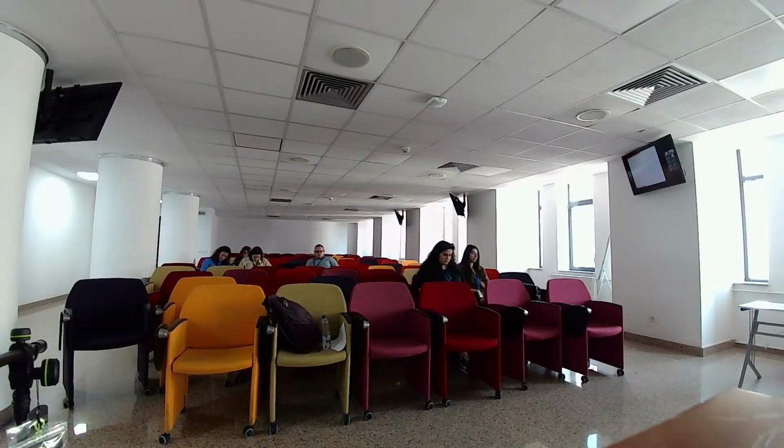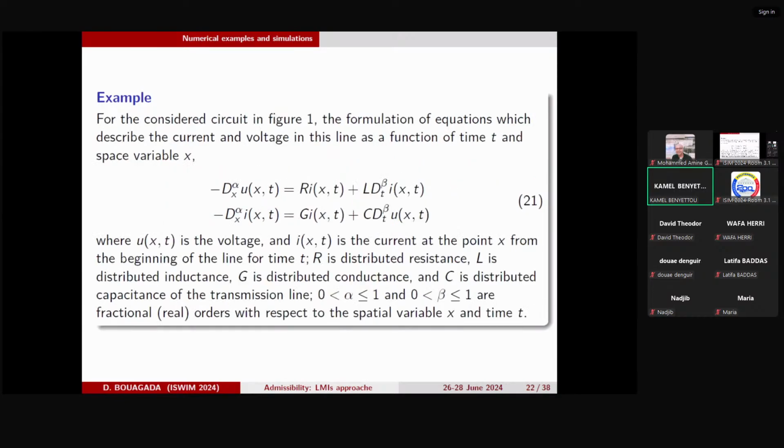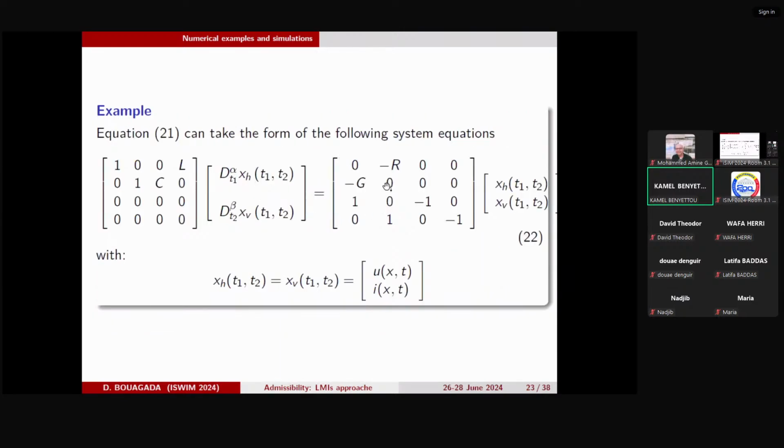Equation 21 can take the form of the following system equation. It means we have transformed these two equations into an equivalent Roesser model. This model is described by equation 22.